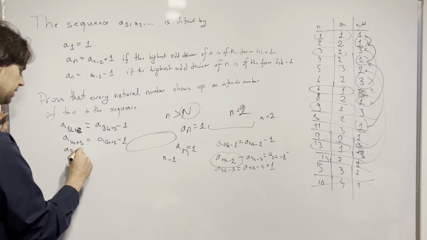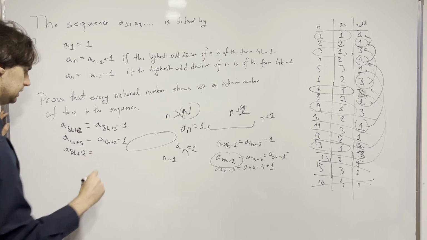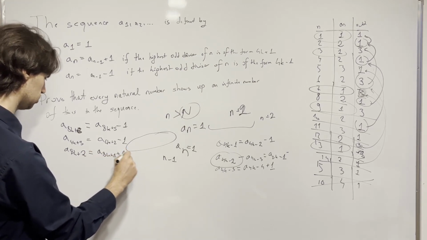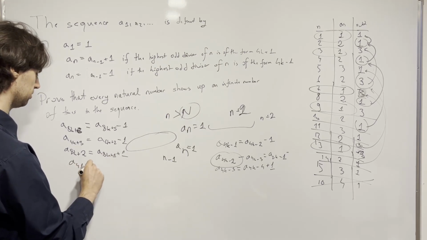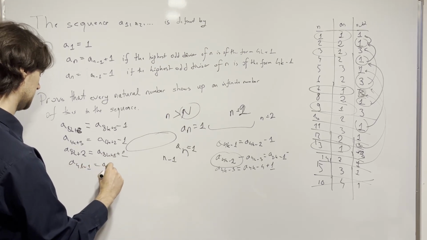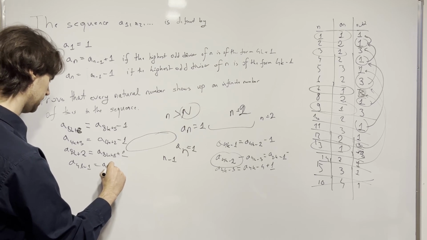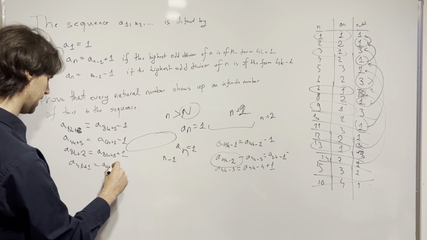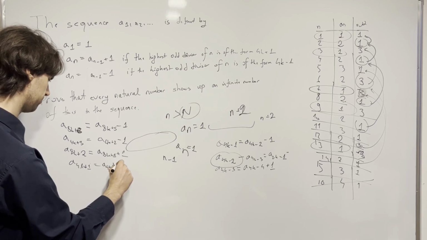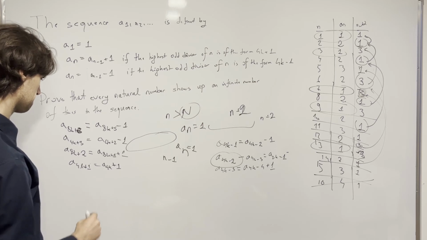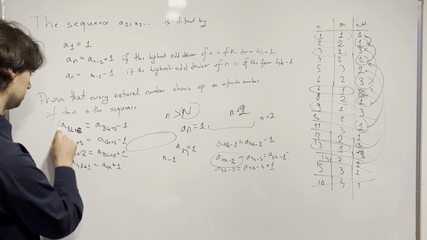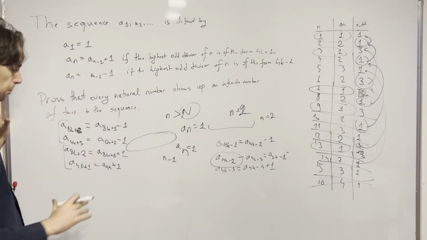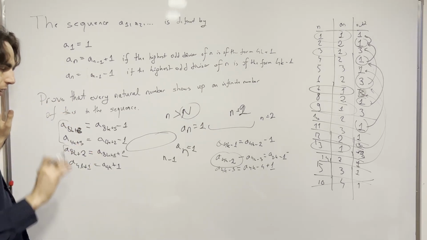Well, a_(8k+2) is equal to a_(8k+1) plus 1. Then a_(8k+4) is equal to a_(4k+2). Actually, a_(4k+1) is the same as a_(4k+1). So it seems to me, at this moment, that there's something here.